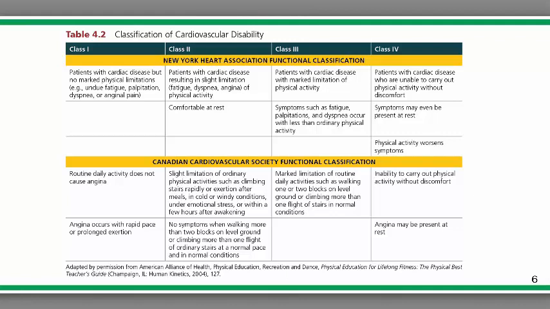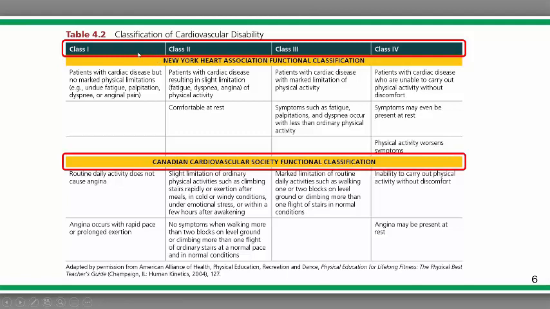In table 4.2 here, there are two general classifications related to cardiovascular disability. And both types of classification, the New York Heart Association and the Canadian Cardiovascular Society, use 4 different classes of cardiovascular disability, ranging from class 1 to class 4, class 4 being the most severe, and class 1 being the least severe.